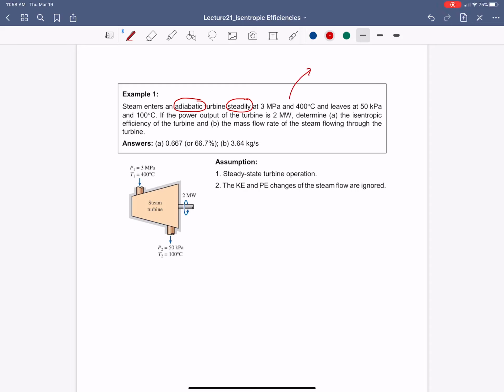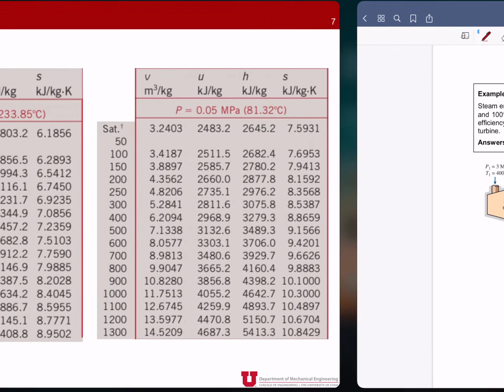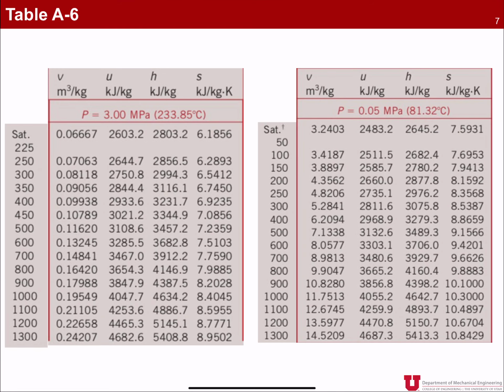You can use either table A-5, which is about saturated liquid vapor mixture, or table A-6, which is about superheated vapor. Let me open up table A-6 for 3 megapascal.